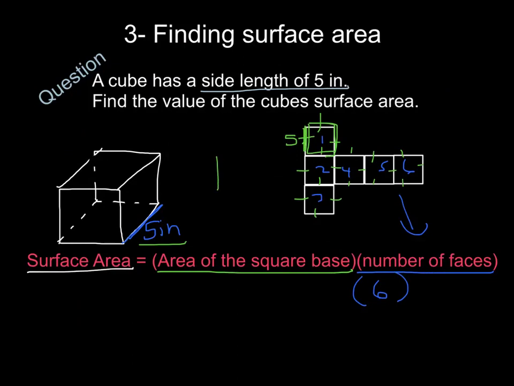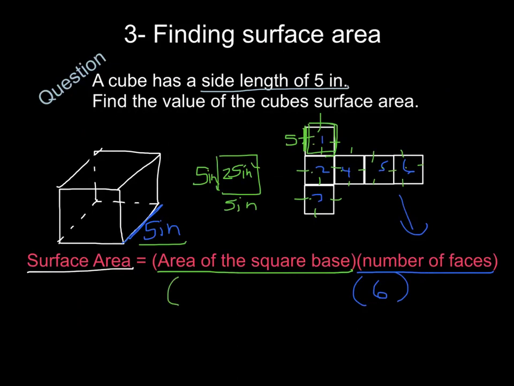So if we redrew one square, to find the area we would have a height of 5 inches and a base of 5 inches, which means 5 times 5 gives us 25 inches squared. And that's our area for every single one of these squares.